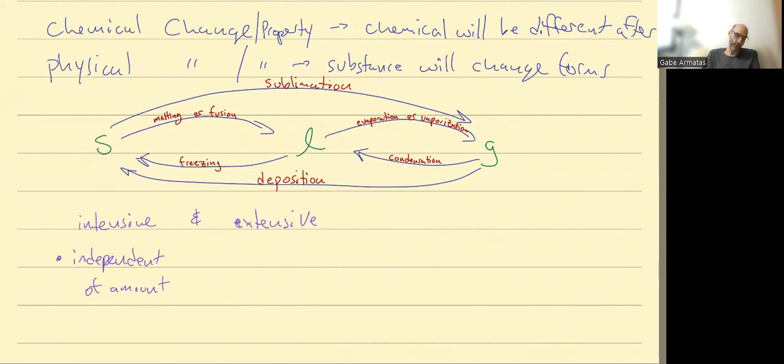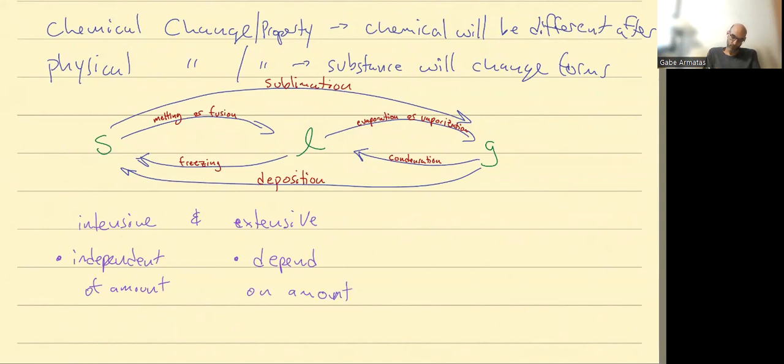So an intensive property is going to be something like density, where density is always going to be the same. The density of water will always be the same regardless of how much you have of it, right? But something like volume is going to depend on the amount.